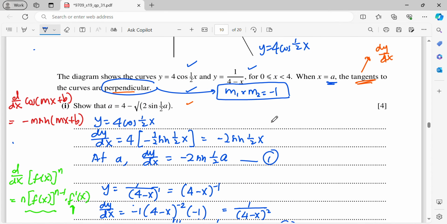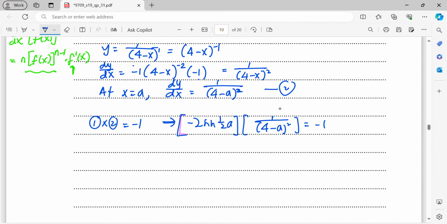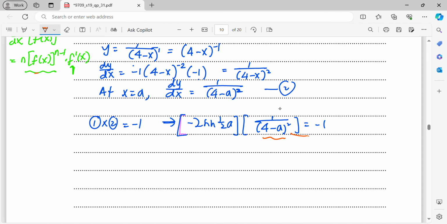Okay, now when you look at the answer here, you need to get a as the subject. The term with the sine half a will be on the other side, which means I will be moving this to the right side. That means you will be getting minus 2 sine half a equals negative of (4 minus a) squared.